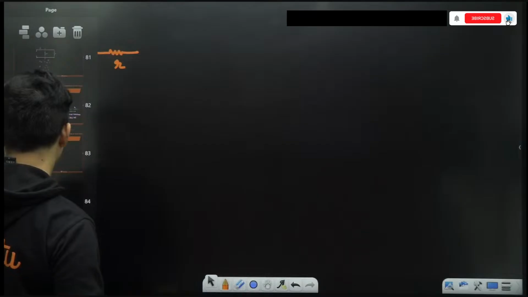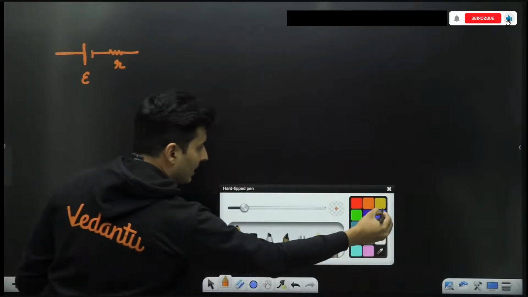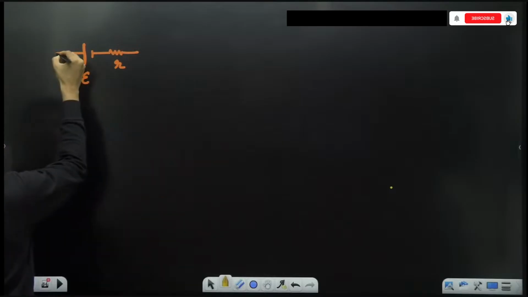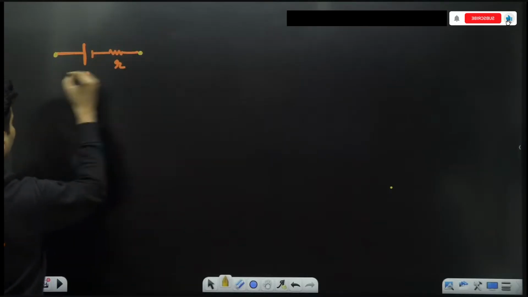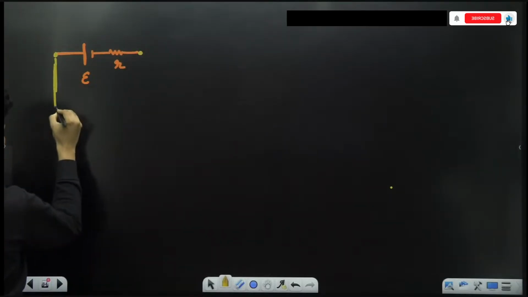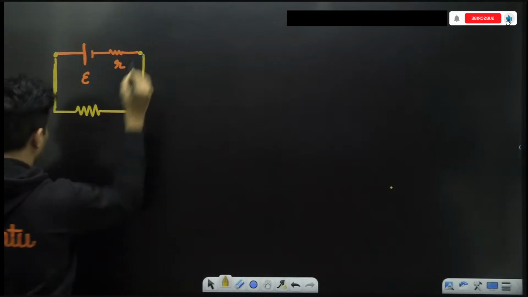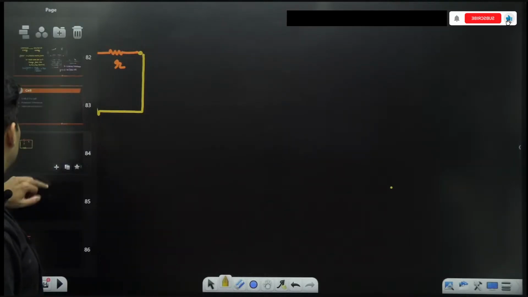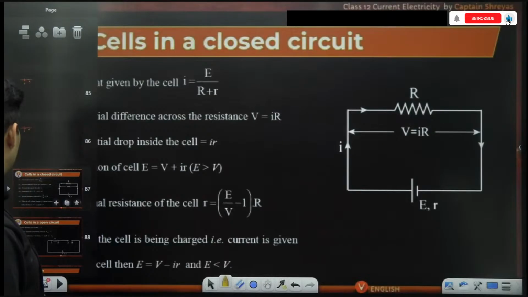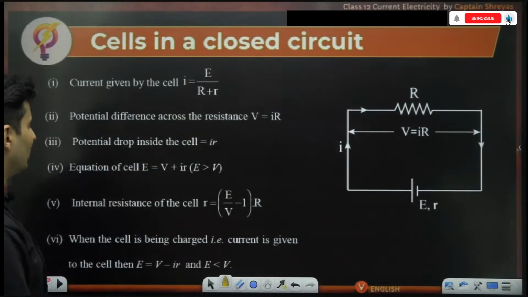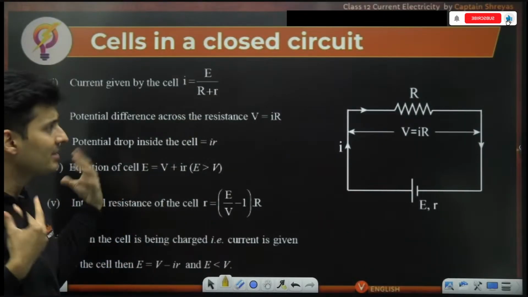And now, if the terminals of this cell are connected to some device, any device, this particular device, this is basically connected to a load, a resistor.